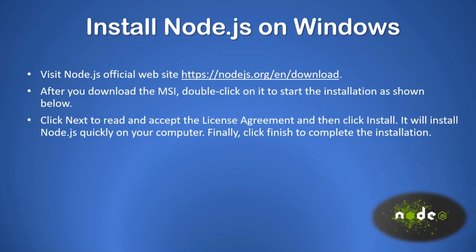You can click on it and proceed with the install, and finally click finish to complete the installation. Once the installation is done, you can verify whether the Node version is installed by going to your command prompt and typing node -v.